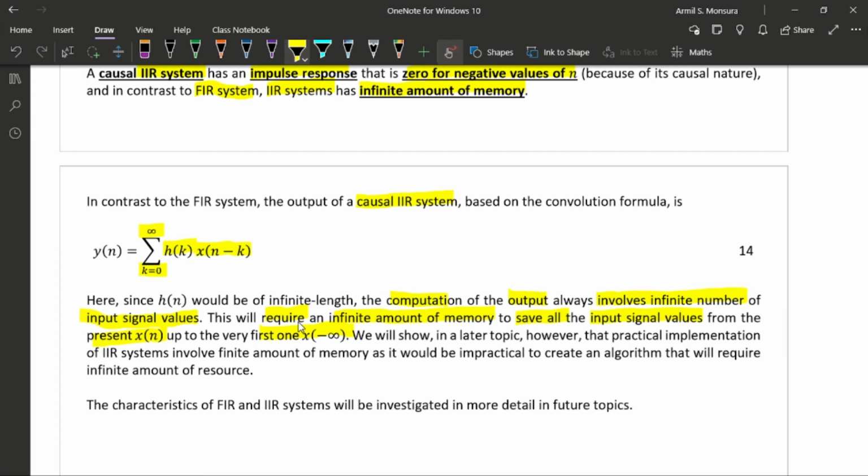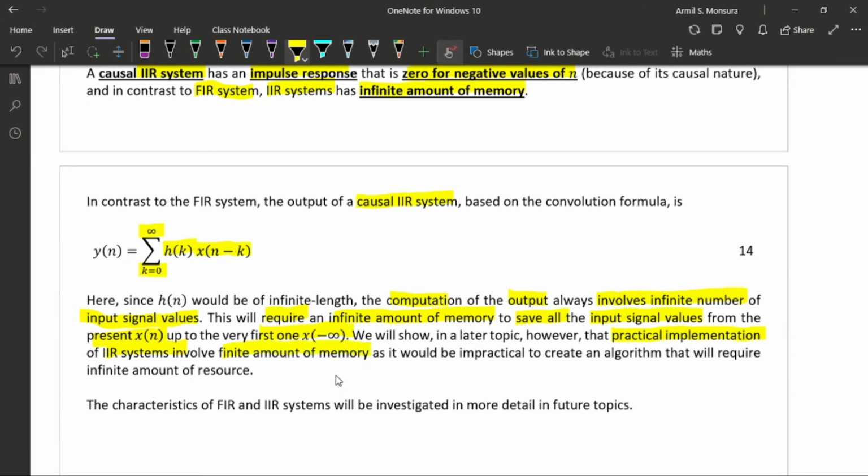So we will have to maintain an infinite length window, which is actually impractical in practice, basically because we don't have that much resource to design a system that has an infinite amount of memory. But we will be able to show in a later topic that the practical implementation of an IIR system can be made so that it would only involve a finite amount of memory.